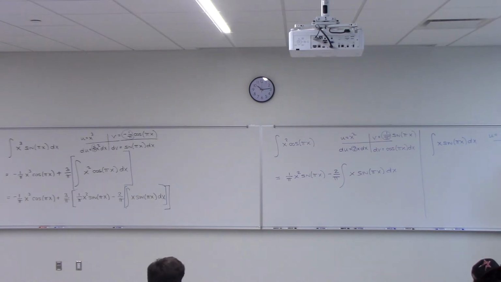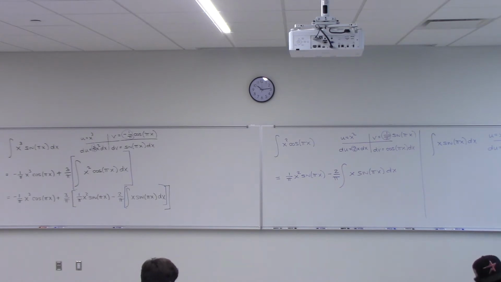U dv, u is the x, and the dv here, let's go with the sine pi x dx. Oops. Sorry about that. Yeah? Yes? du is 1 dx.